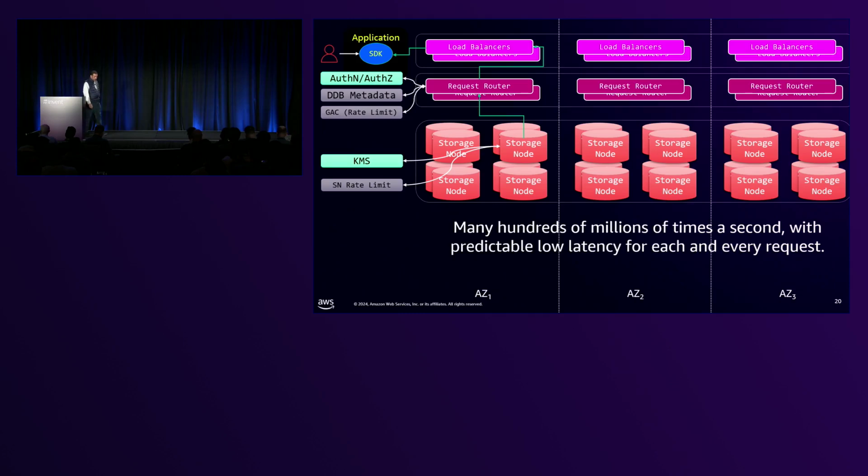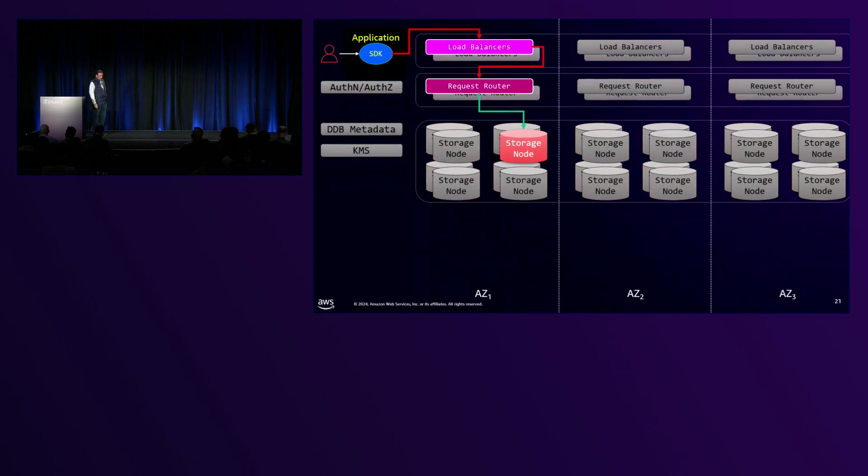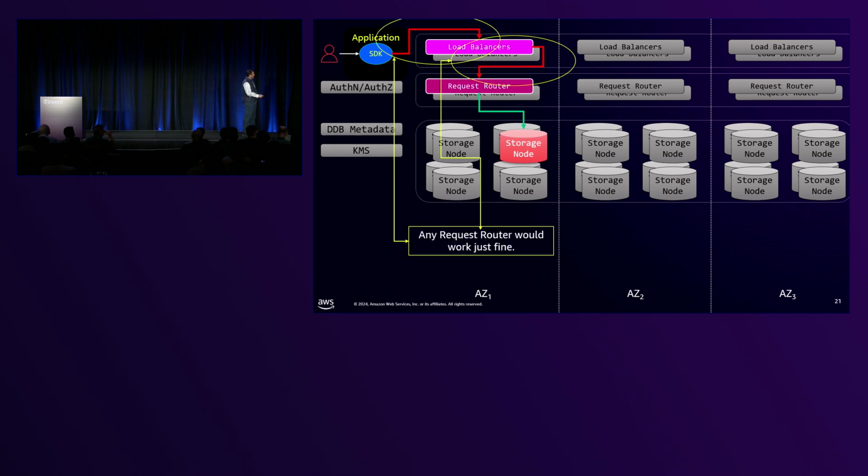Okay. So we talked about your request making its way to a load balancer and then to a request router. And I've colored these arrows red and green for a reason. When you make this request, a request can be sent to any load balancer to any request router, because all the request routers, they're stateless.